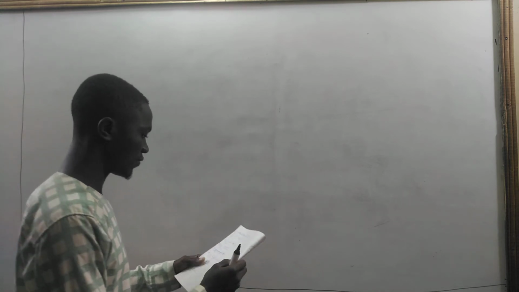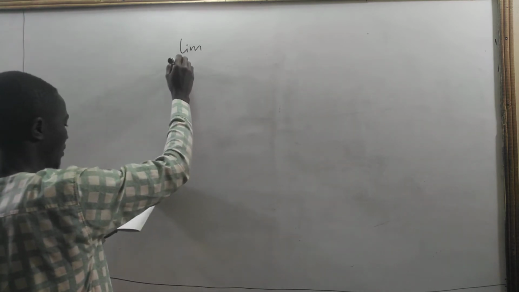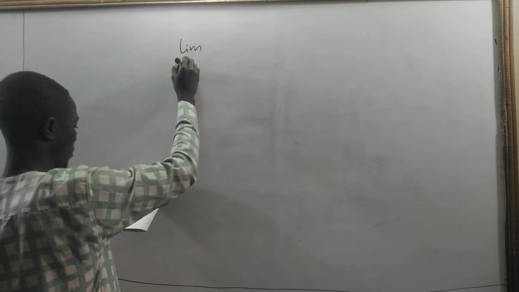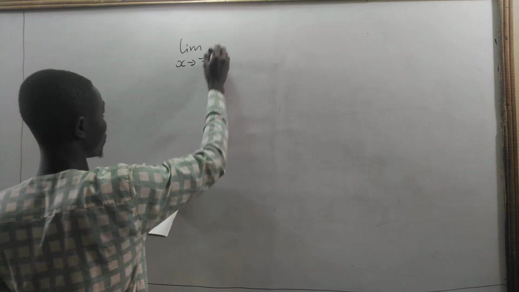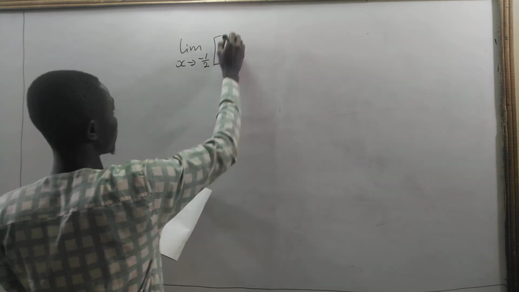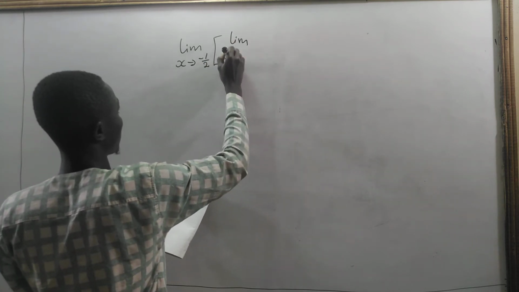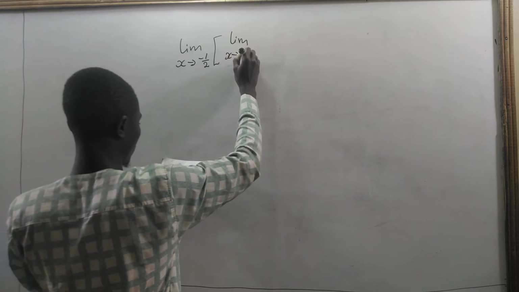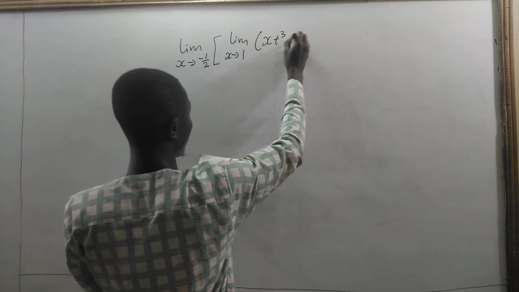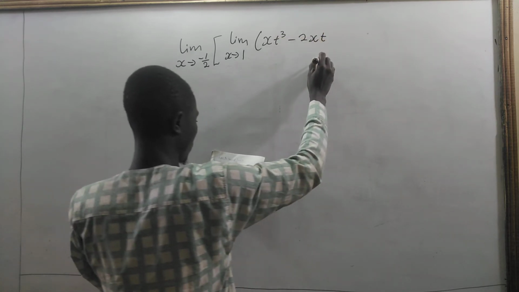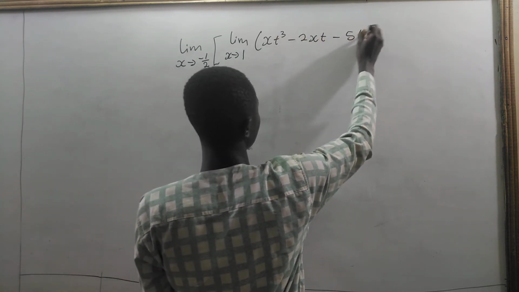Here we are going to have this one, that is the limit as x approaches -1 out of 2, then the limit as x approaches 1 of xt cubed minus 2xt minus 5t squared.